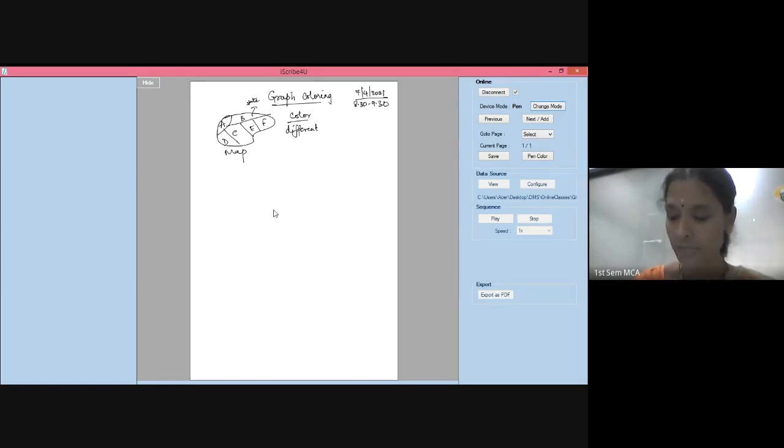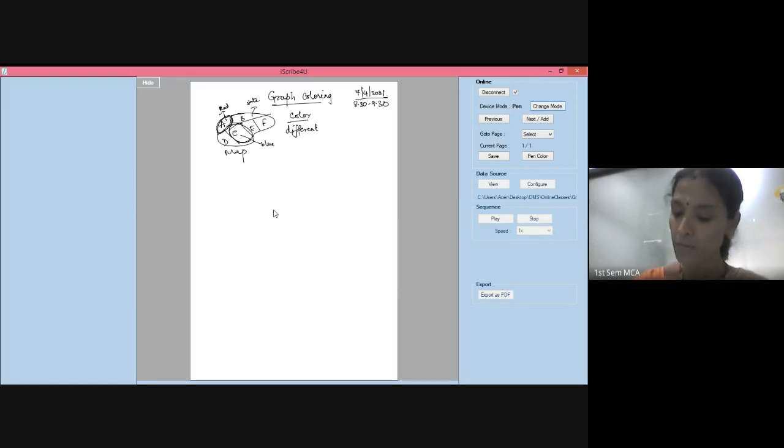For example, state A, I will color it red. Then I have to differentiate C from A. I don't want both A and C to look similar, right? So I will color C with blue.